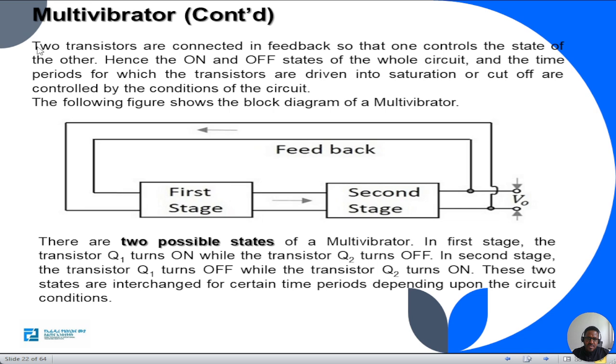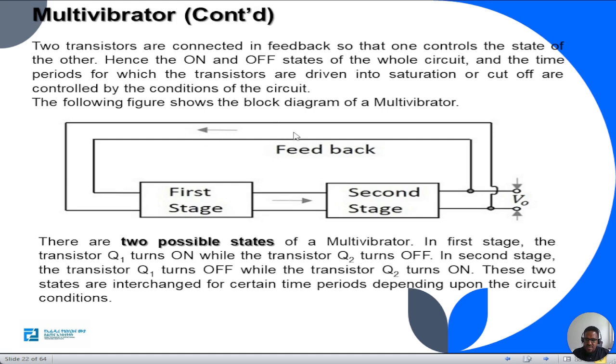So that means when two transistors are connected in feedback, one controls the state of the other, hence the on and off state of the whole circuit and the time period for which transistors are driven into saturation or cut off are controlled by the conditions of the circuit.